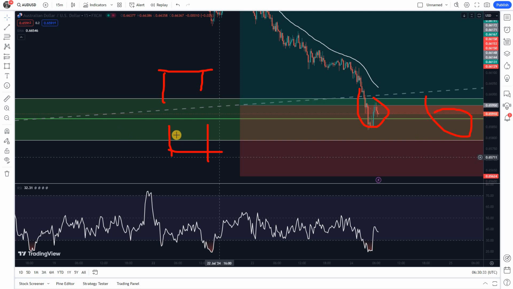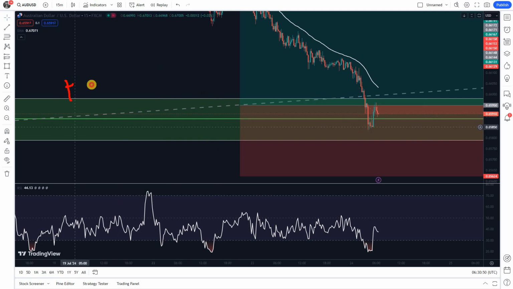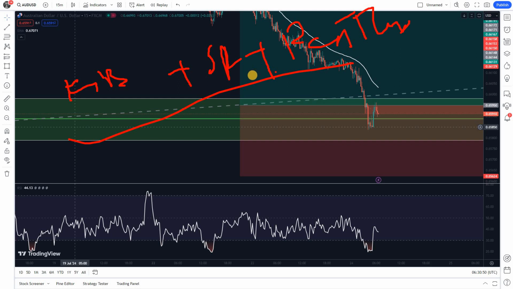So when we combine Fibonacci plus support and resistance, plus we see the patterns here, a double top or double bottom, this is going to be a strong setup.